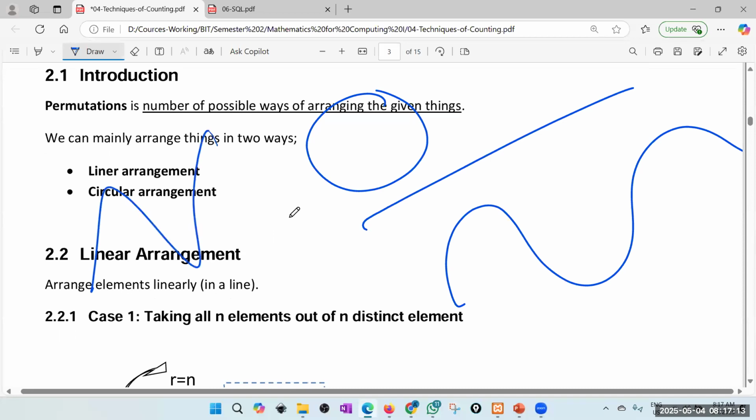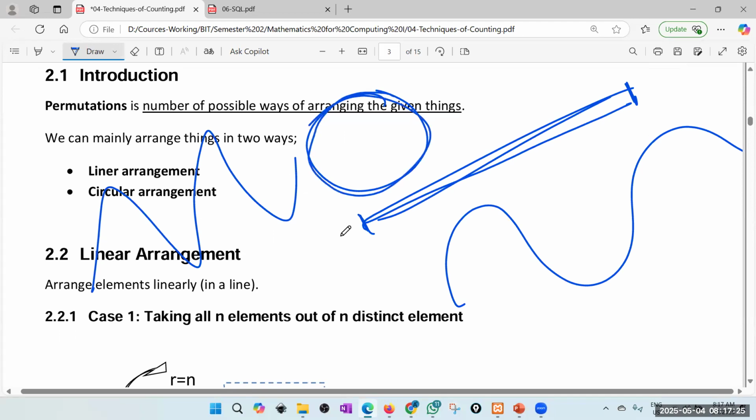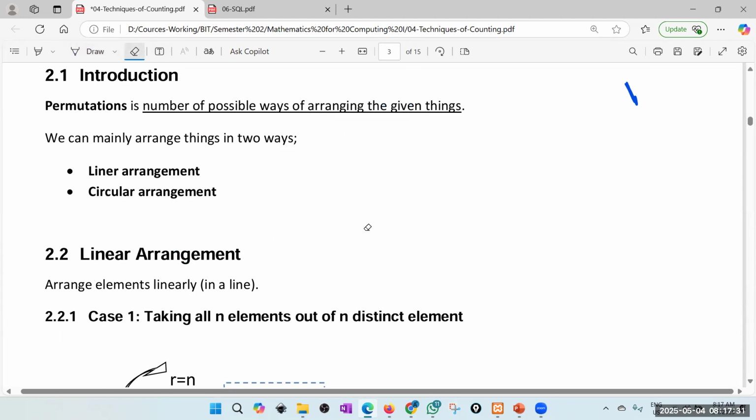We can arrange like zigzag. But in your syllabus, we are only interested in linear arrangements, arranged in a linear manner, and circular arrangements, arranged in a circular manner. We are not interested in anything else, because these two are the most widely used arrangements anyway.